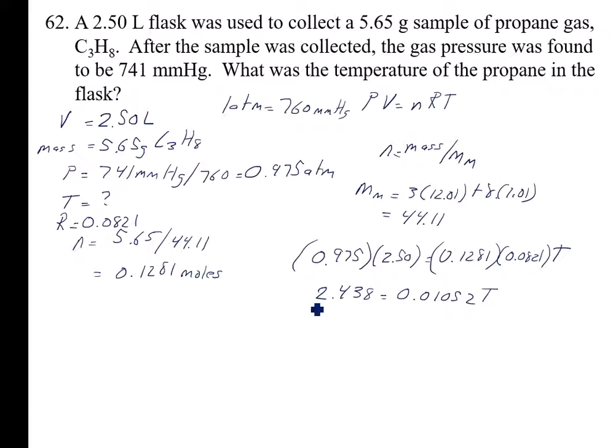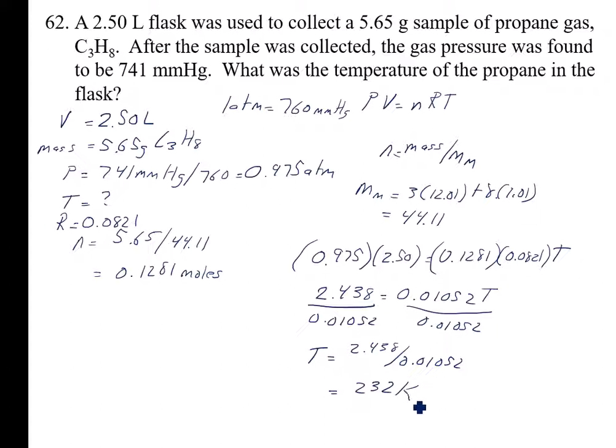So I'm going to divide both sides by 0.01052. So T is 2.438 divided by 0.01052, and that gives me 232 K. It doesn't specify, so you can leave it in Kelvin.